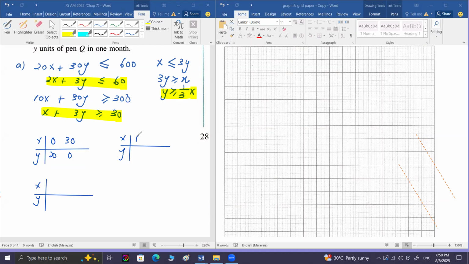Okay, let's say this one: x is 0, y is 10; y is 0, x is 30. And for this one, x is 0, y is 0. Then for x here, because you want to divide by the 3, you can make it, for example, x is 30. Now this is y equal to mx, so you don't put each one as 0, because it passes through the origin, yeah?